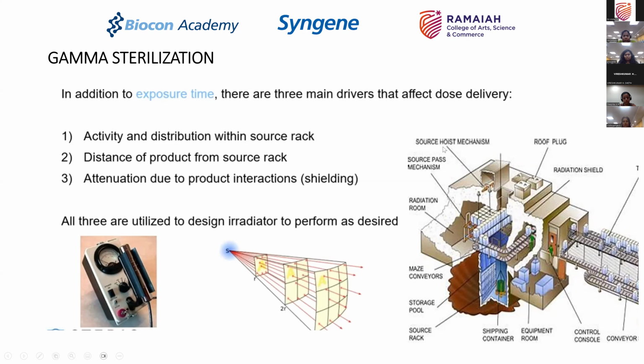And this is the reason why it is important to evaluate a gamma radiation facility very, very carefully, to make sure that they are compliant with the requirements of the radiation norms which are laid down in the country.